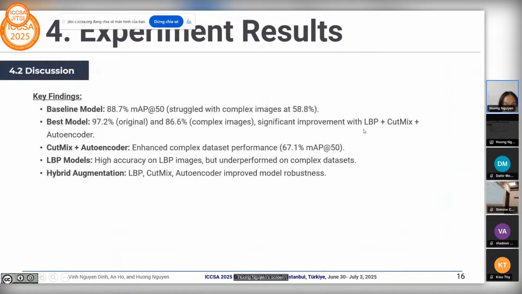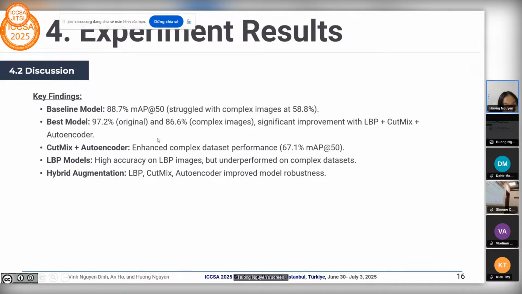And from this result, we can draw some key conclusions. The baseline model works fine on standard images, but really struggles with harder, more diverse cases. And the best performance came from combining all three techniques: LPP, CutMix, and autoencoder. This helps the model handle both simple and complex data better.